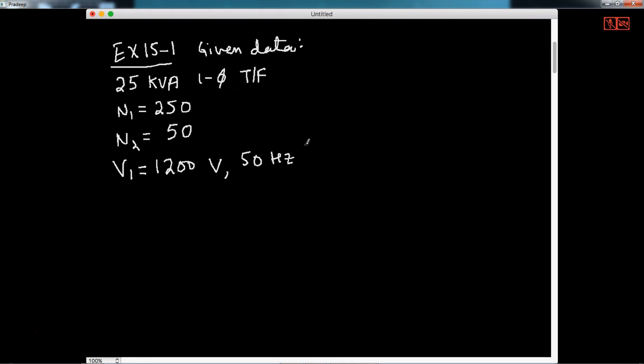So what we have to determine? Calculate primary and secondary currents on full load. This is the given data, and to calculate: primary current I1 at full load FL.